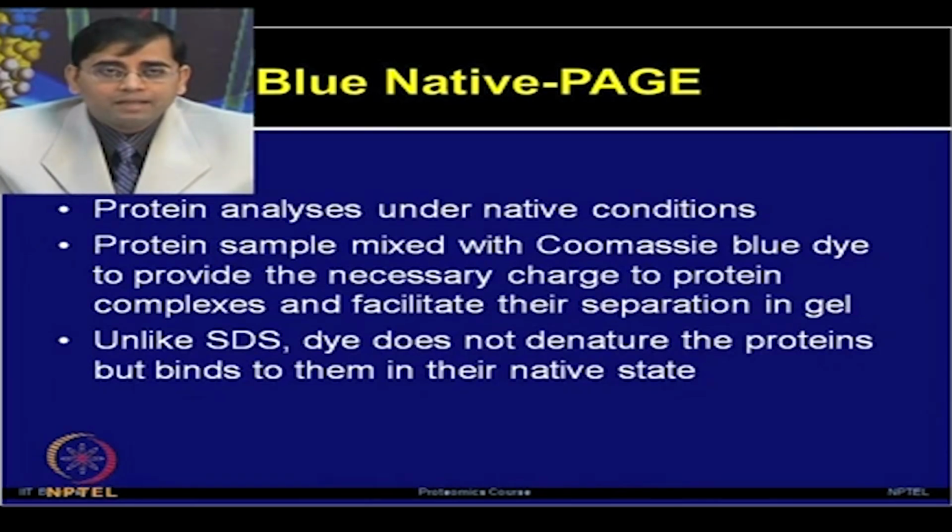So, you need to add Coomassie dye to the sample, which provides the necessary charge required for protein complexes to separate in the gel. But as I mentioned, unlike SDS, this dye will not denature the proteins, but it will bind in their native state itself.